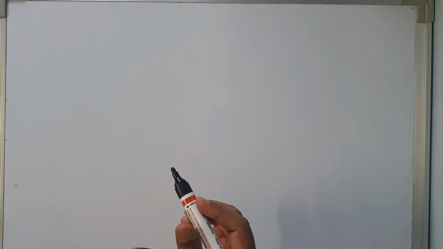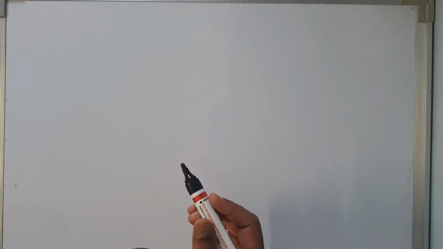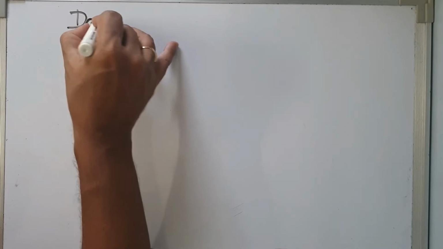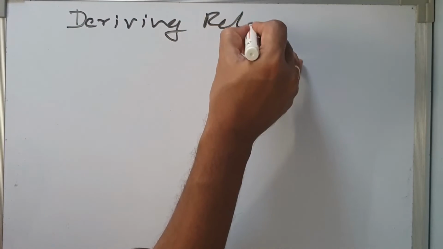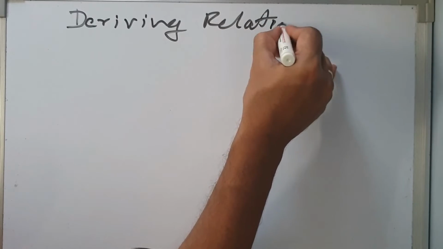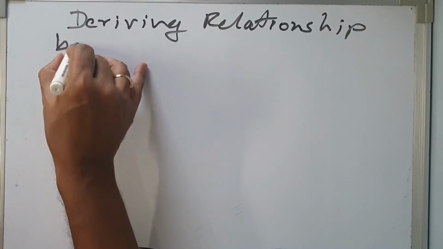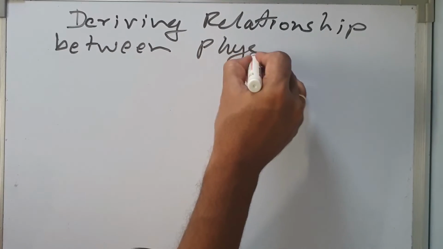Then using the principle of homogeneity, we can derive the relation between them. I'll explain that with an example. Our topic: deriving the relationship between physical quantities. Third application.